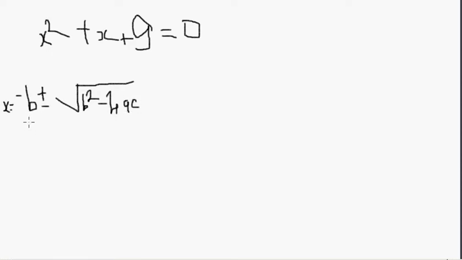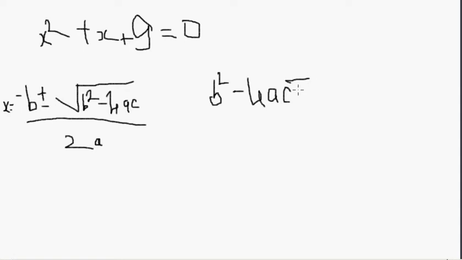This is the formula for finding the roots. First we have to check whether the roots are real or imaginary. So we can apply b square minus 4ac, which is the discriminant.